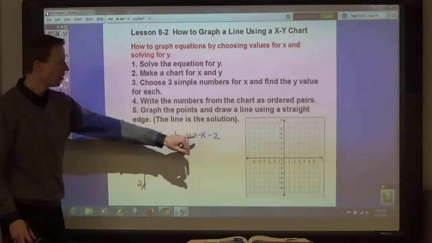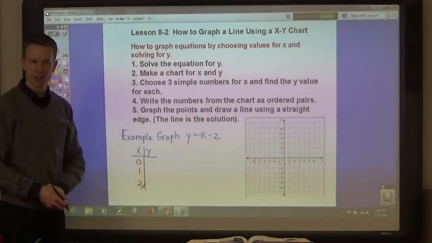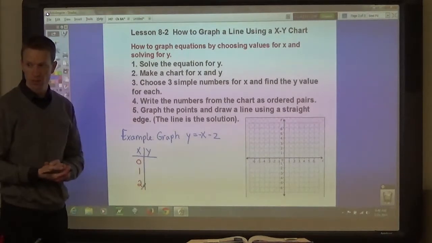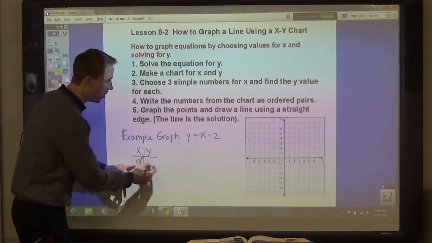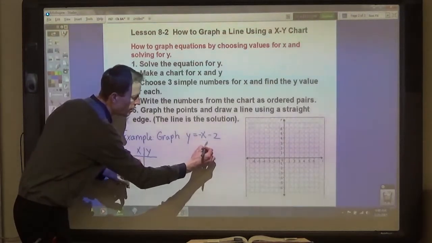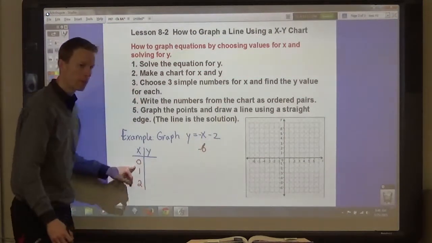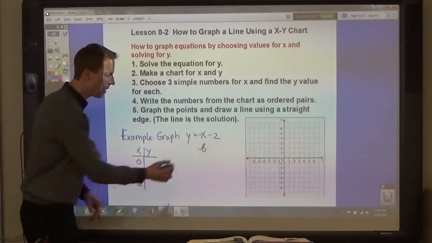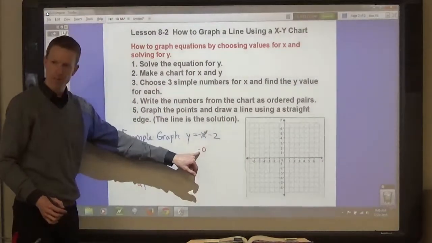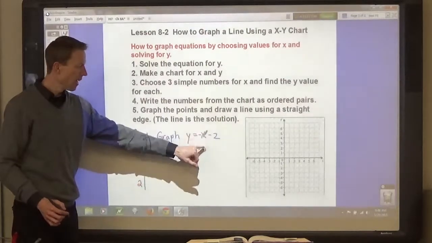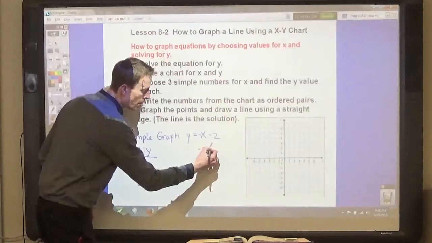If x is 0 in this equation, then what would y equal when x is 0? What we would do is put in 0 for x. This negative sign isn't part of x, so we have to leave that negative there. If x is 0, then it's negative 0 minus 2.